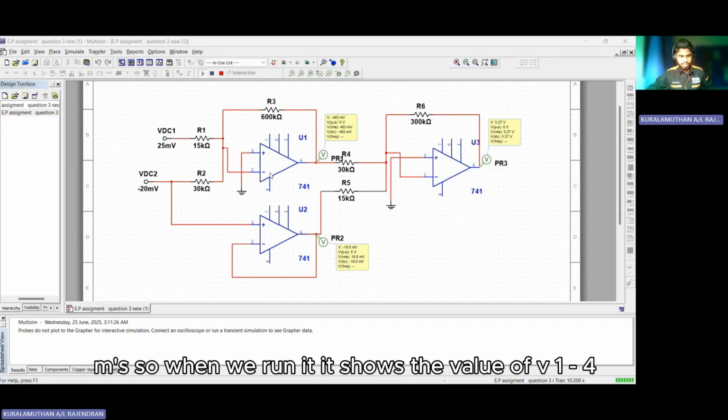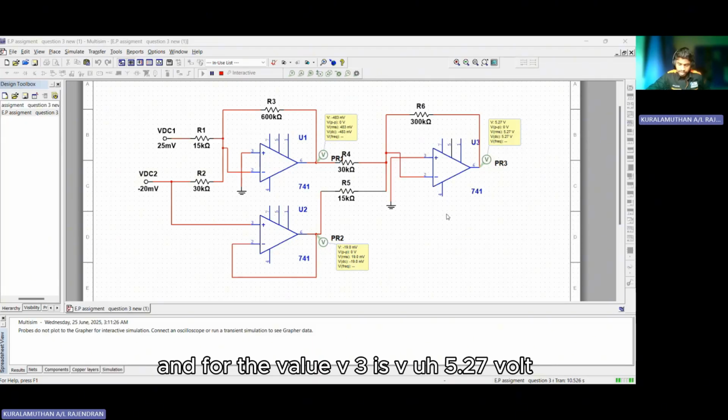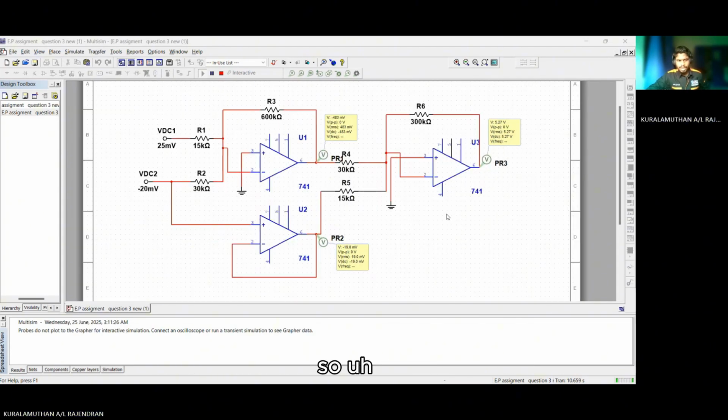The op-amp used is the 741. When we run it, it shows the value of V1 as negative 483, V2 as negative 19.0 mV, and V3 as 5.27 volts.